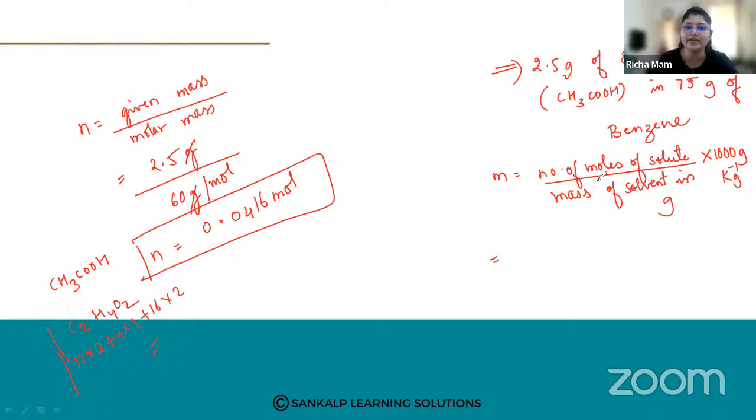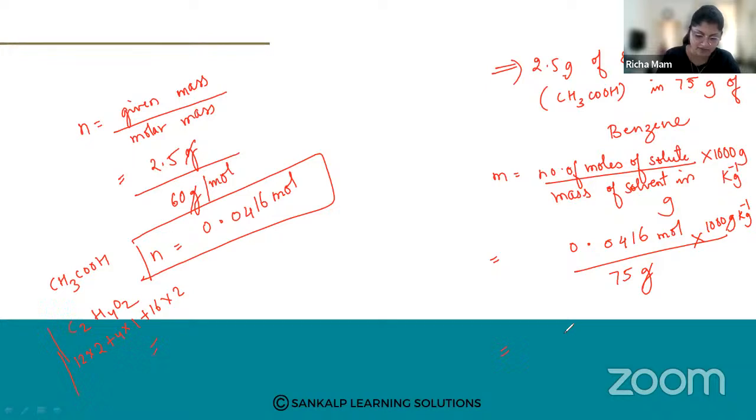Now put the value here. The number of moles is 0.0416 mole. The mass of the solvent is 75 grams into 1000 gram per kg. Gram and gram get cancelled. 0.0416 divided by 75 is 0.000554.